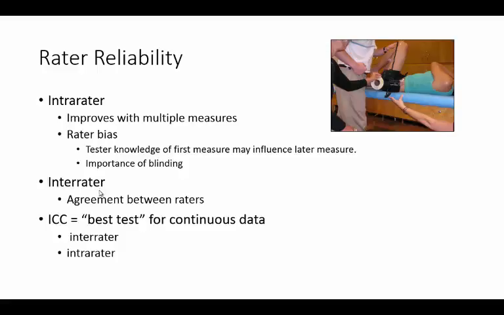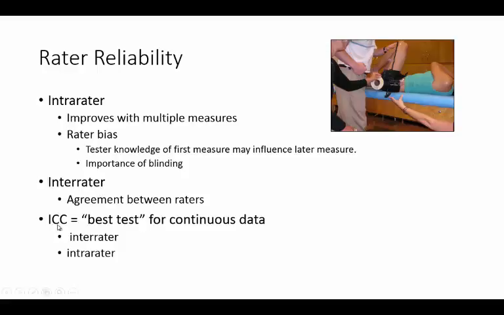Did they get the same measurement? Did they report the same angle? If they did, then there is a high inter-rater reliability for this measure. If they didn't, then it is poor inter-rater reliability.